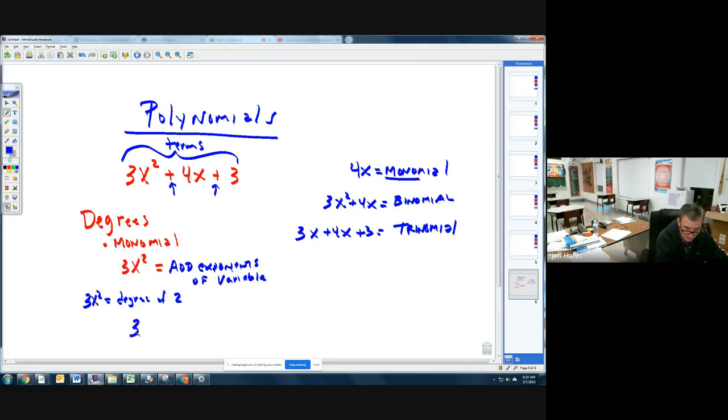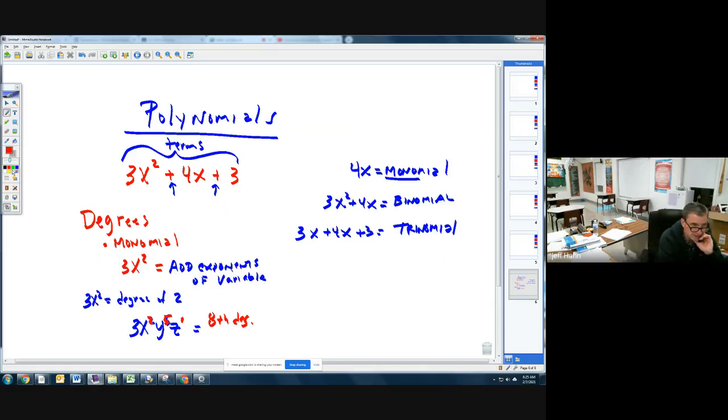If it was 3x squared y to the 5th z, the degree of that monomial would be the 2 here, plus the 5 there, giving you 7, plus the assumed 1 that's with any letter that doesn't have a number. So it is an 8th degree monomial. 8th degree. Again, please don't get confused.